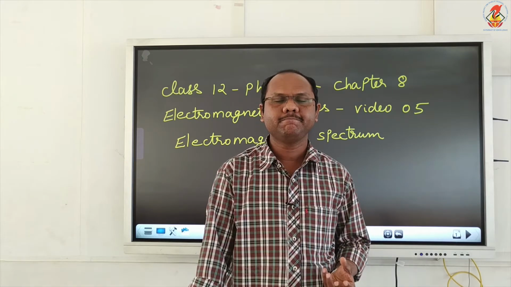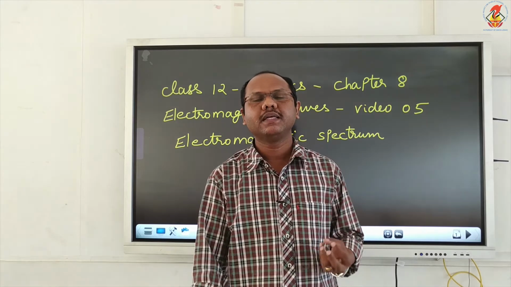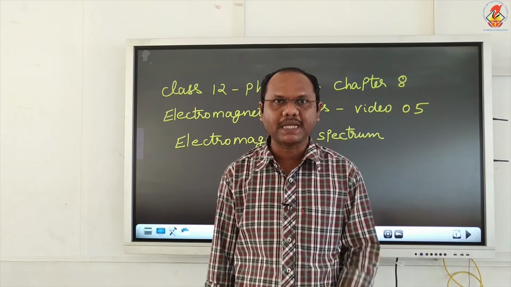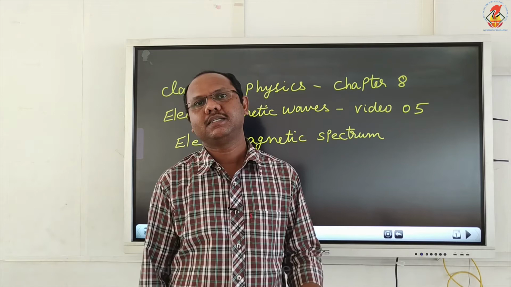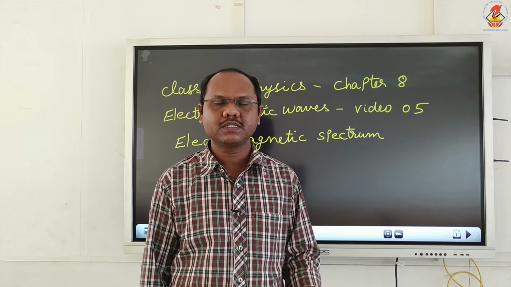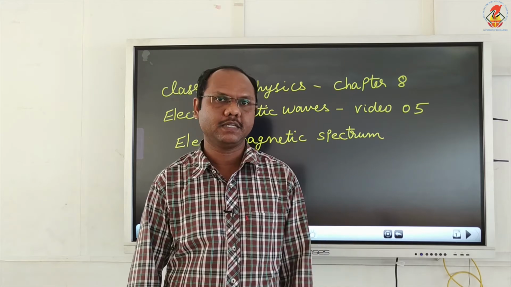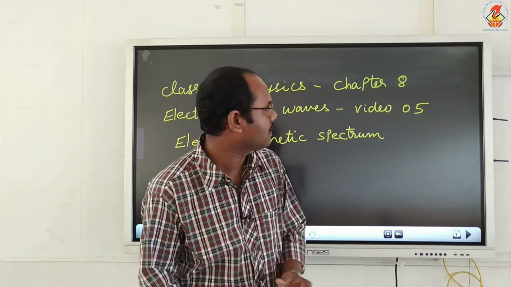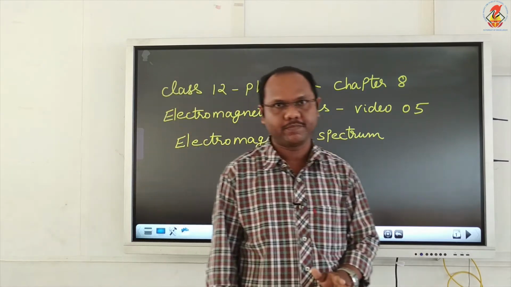In today's section, we are going to discuss the electromagnetic spectrum, its uses, and how they are produced, their wavelength and frequency. So, first we are going to discuss what is meant by electromagnetic spectrum.